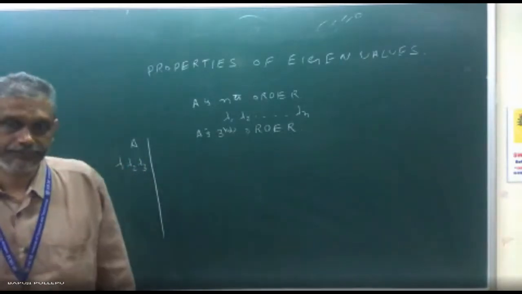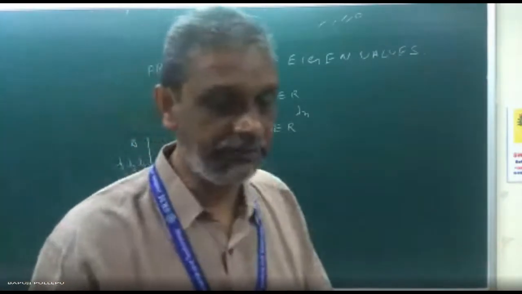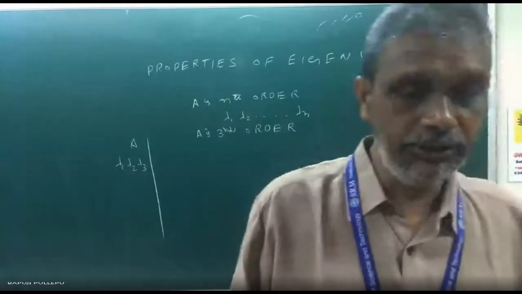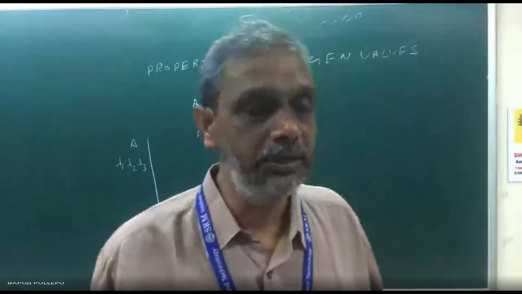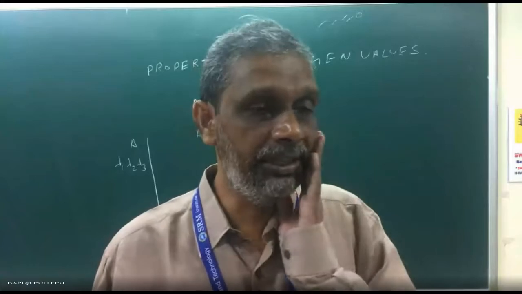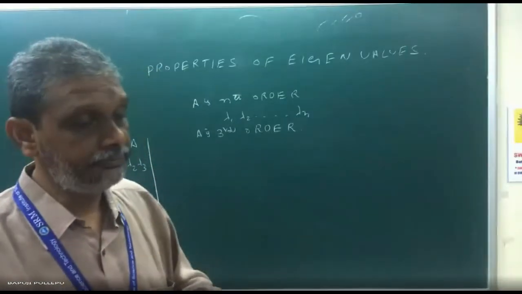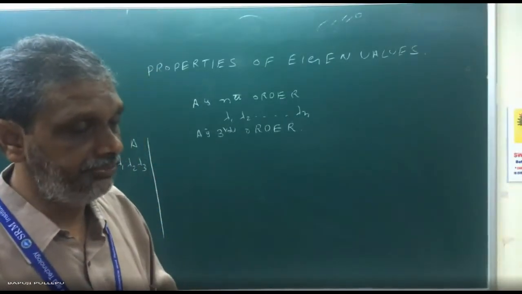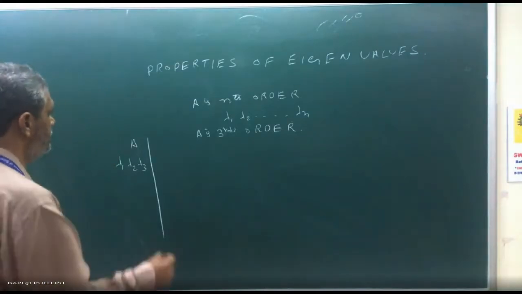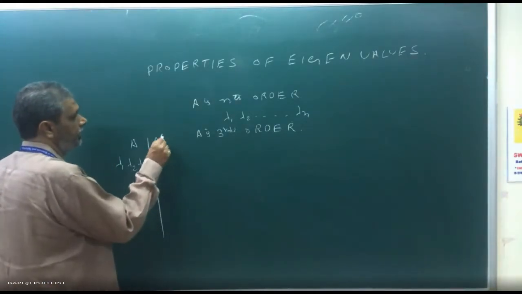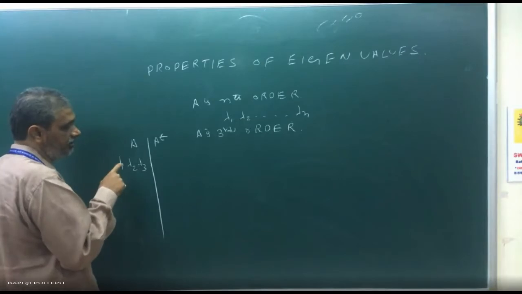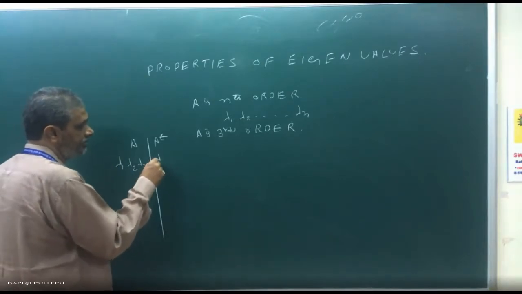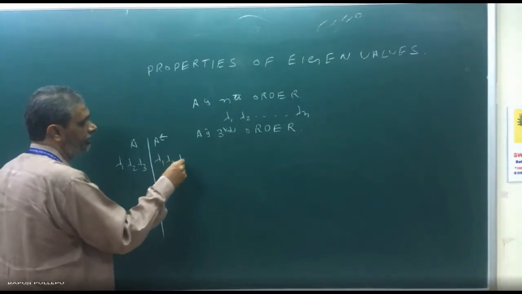Whatever the values may be, don't worry about the values. You have 3 values, you can call them lambda 1, lambda 2, lambda 3. Suppose A has eigenvalues lambda 1, lambda 2, lambda 3, then A transpose also has the same eigenvalues lambda 1, lambda 2, lambda 3.